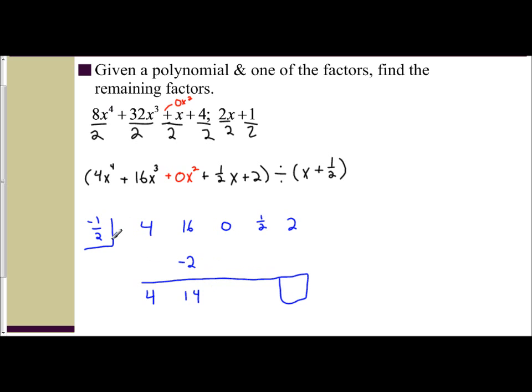We have negative 1/2 times 14 is negative 7. 0 plus negative 7 is negative 7. You get negative 1/2 times negative 7, and that's 7/2, which 1/2 plus 7/2 is 8/2, which is 4. And negative 1/2 times 4 is negative 2. We do get a remainder of 0, which means we performed our synthetic division with a fraction perfectly.